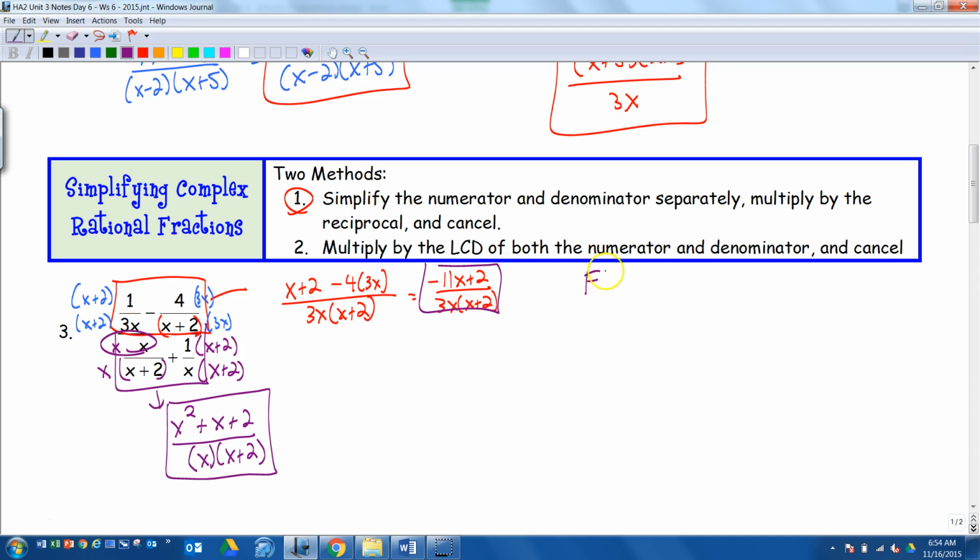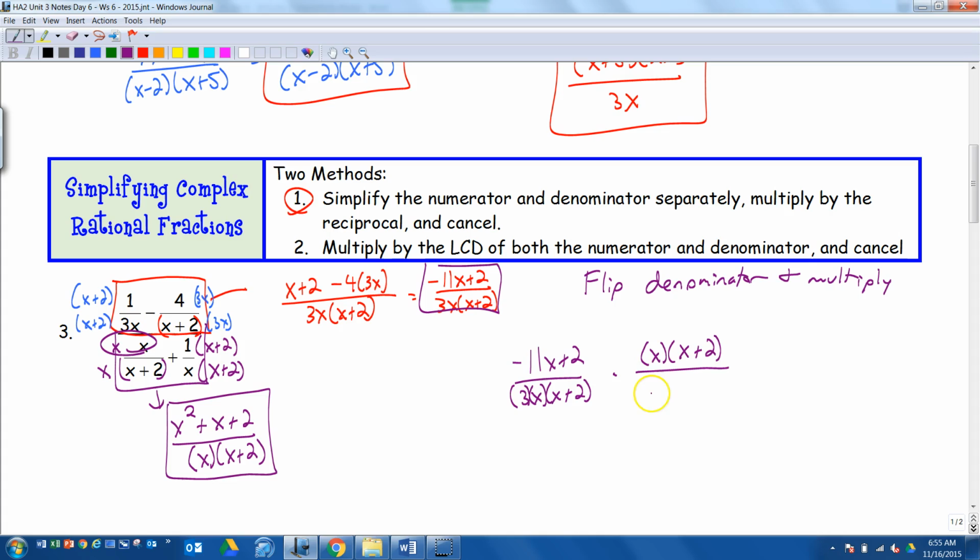So now we're going to flip the denominator and multiply, because it's one big division. So we have the top is still negative 11x plus 2 over 3x times x plus 2 times, we flip this, the top is now x times an x plus 2, we could put these in parentheses if you want, over x squared plus x plus 2.